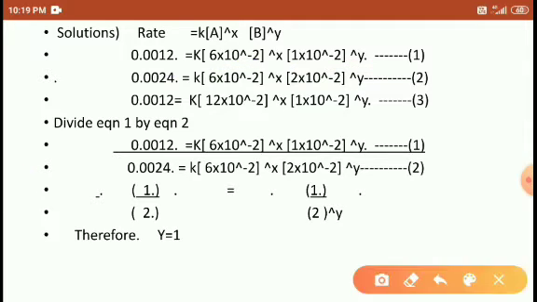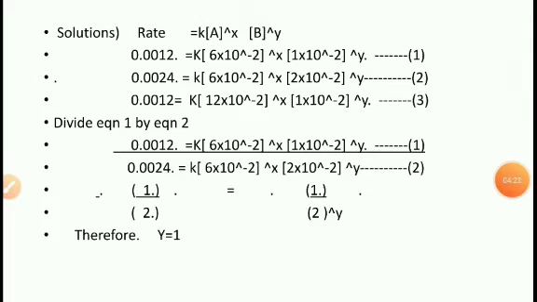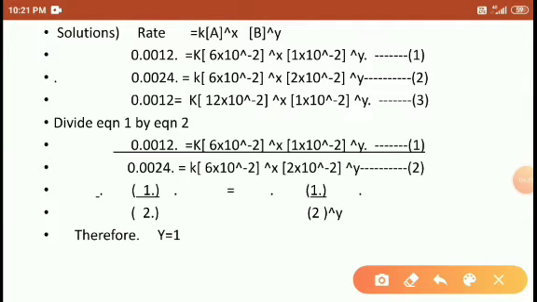Next, when the rate is 0.024, the concentration of A remains the same and the concentration of B is increased to double, and the rate increases. Now we divide the equations: equation 1 divided by equation 2.